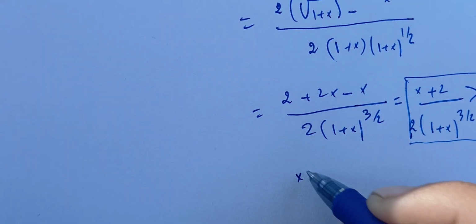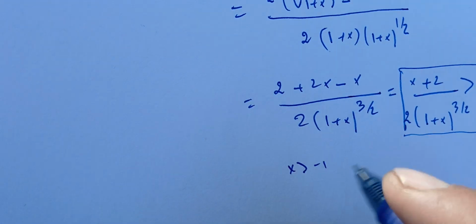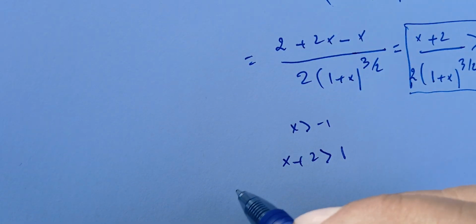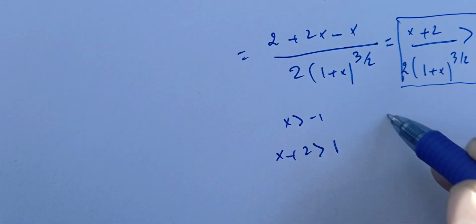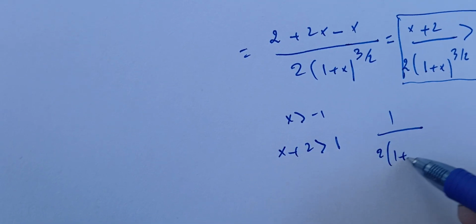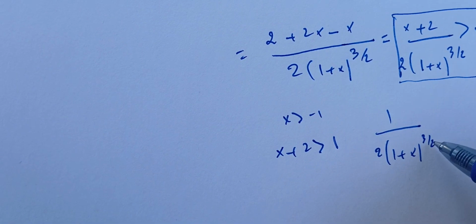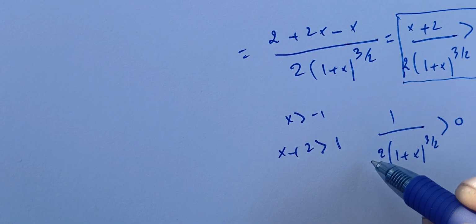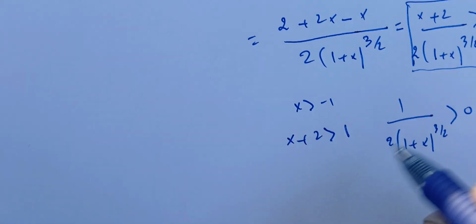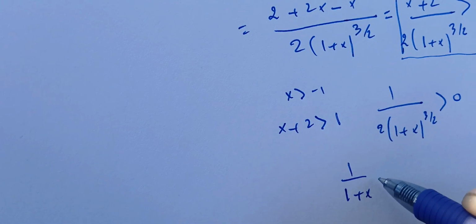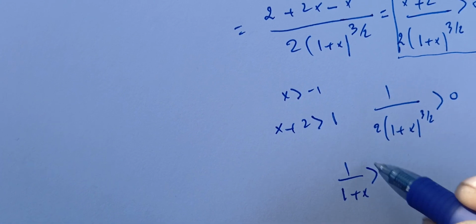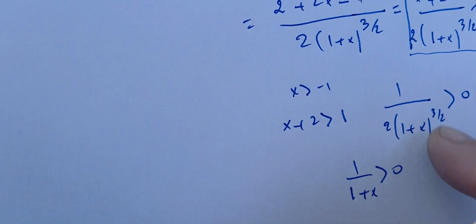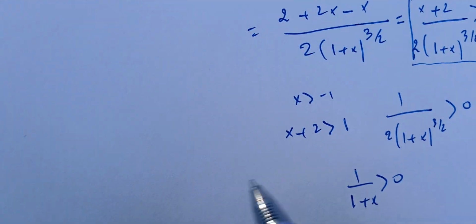We have x is bigger than -1. Adding 2 to both sides, we have x plus 2 is bigger than 1. And also we have 2 times (1 plus x) to the power 3 over 2 is bigger than 0, because 1 plus x is bigger than 0, so we can take the power 3 over 2 and multiply by 2, and we see that we have the result.